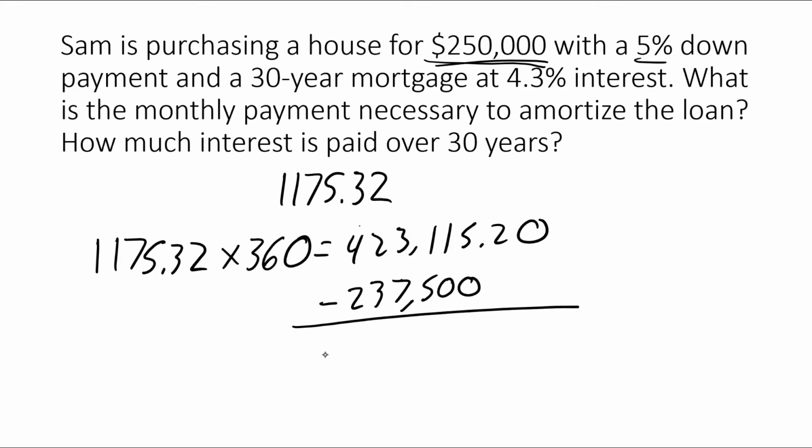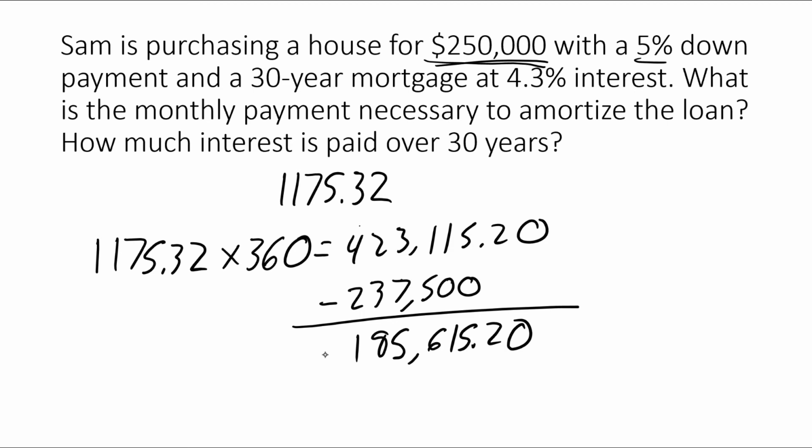So we're going to take the $423,115.20. That's how much Sam gave to the bank, and we're going to subtract out the amount of money that the bank gave to Sam in the first place. And so that would be $185,615.20. So almost $200,000 in interest over those 30 years.